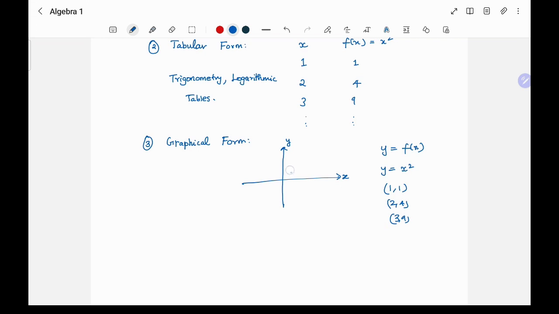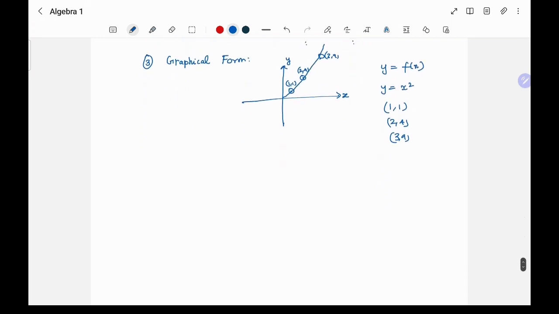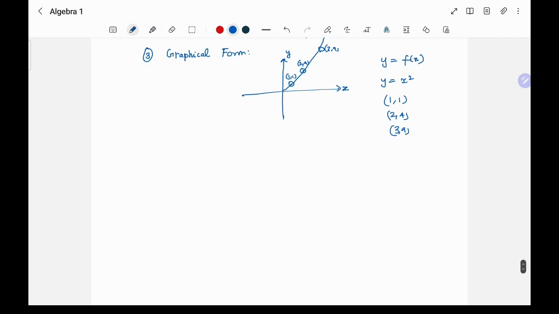So we can plot it here. This is 1, 1, then 2, 4, 3, 9 and so on. And then we can plot it this way. So this is the graphical form and it will be very useful in solving questions. We'll see it when we try to solve the questions.